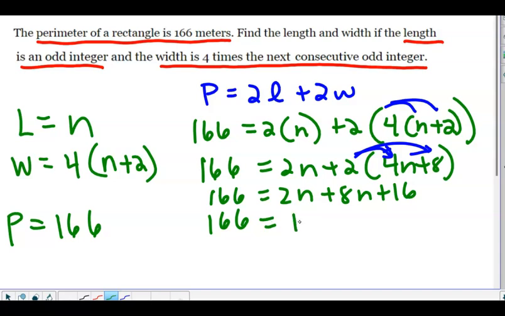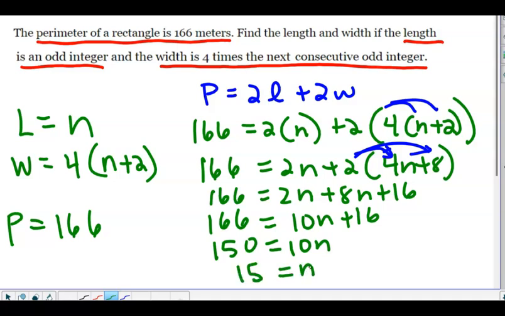Combine like terms, 10n plus 16, minus 16 on both sides. 150 is equal to 10n. Divide 10 on both sides and get that the first odd integer is 15. So if the length is 15, then that means that the width is 4 times 15 plus 2, or 4 times 17.